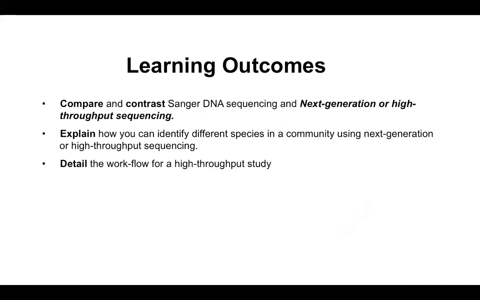I'm going to go through a fair amount of material here, but as long as you feel comfortable with these 3 things, then you should feel comfortable with this lesson. If you are able at the end of this to compare and contrast Sanger DNA sequencing, which is what you watched that video about, with next generation sequencing, to explain how you can identify species and detail that workflow, then I would say that you're in a good place with this material.